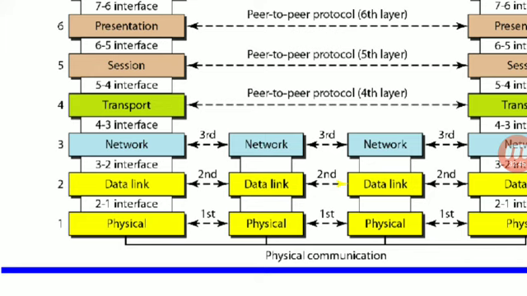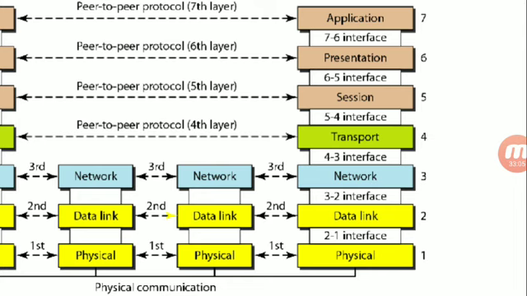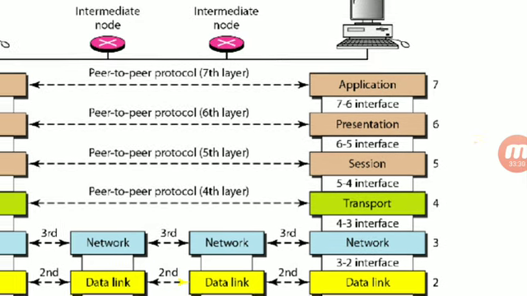So these 3 layers will have an interaction with each other, and the intermediate node will again communicate with the other intermediate node, and the second intermediate node will communicate with the physical layer of device B. Then the data link layer will communicate with the network layer, the network layer with the transport layer, the transport layer with the session layer, the session layer with the presentation layer, and the presentation layer with the application layer. And this is how the communication takes place.